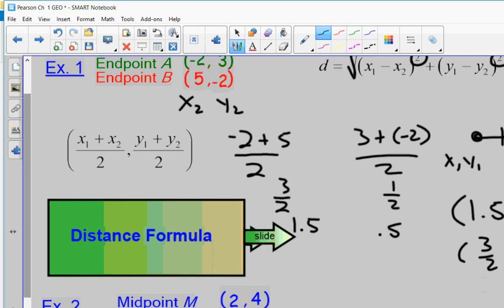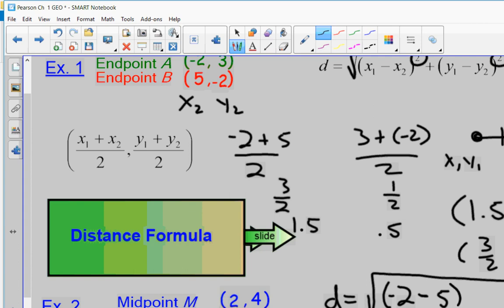So D stands for distance, square root. My x1 was -2, and the formula is telling me now to subtract my x2, which was 5, and then I'm going to square it. Then I'm adding it to the y value.